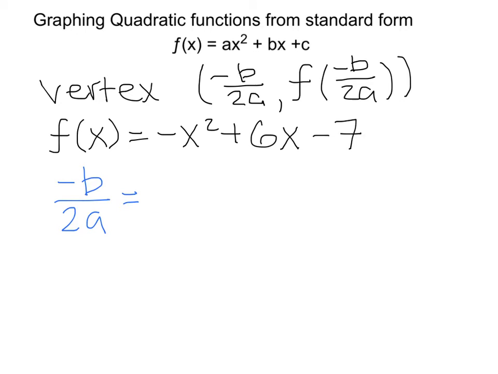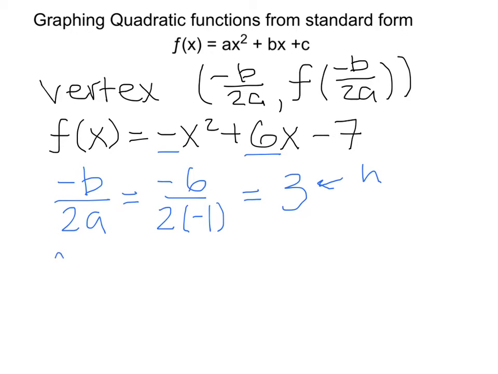Our b value is positive 6, and our a value is negative 1. So positive 6, negative 1. Simplify that, you end up with 3. This 3 value is the h value for your vertex.